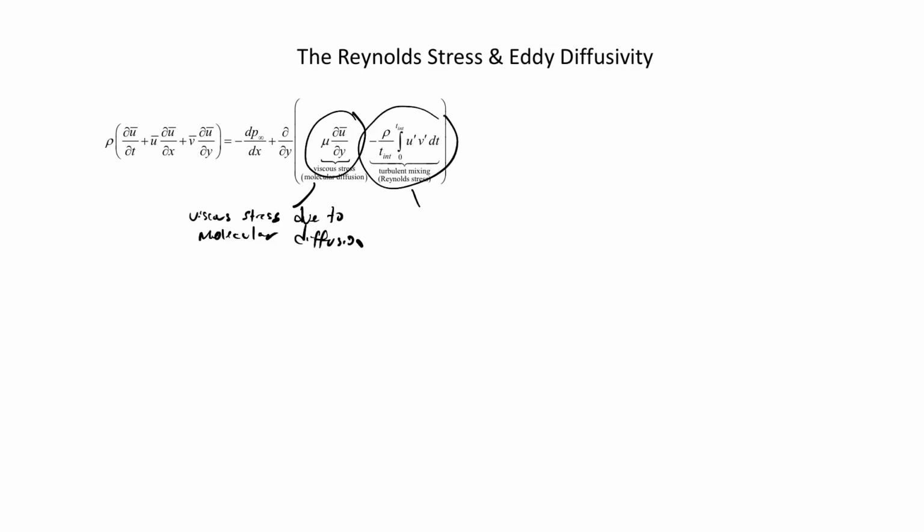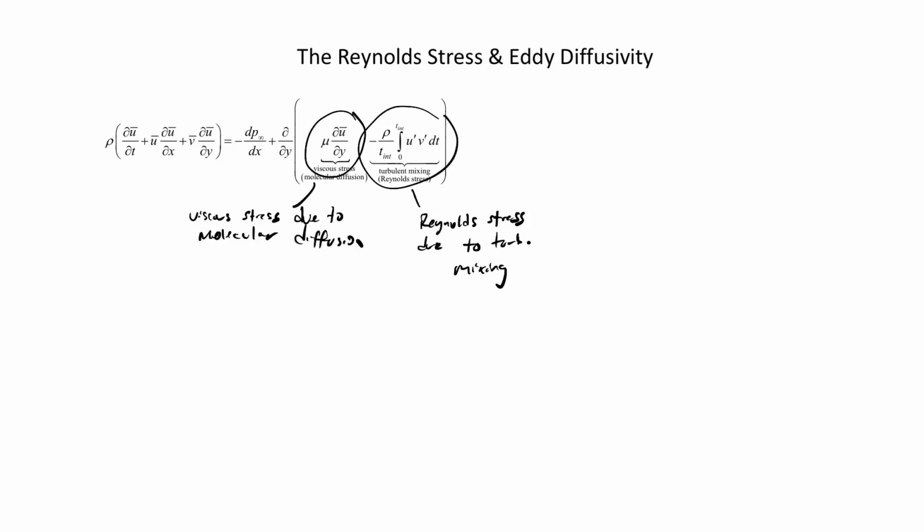This minus rho over t int times the integral is the Reynolds stress due to turbulent mixing. Turbulent mixing. Right? So we're clear on what both of those things are.